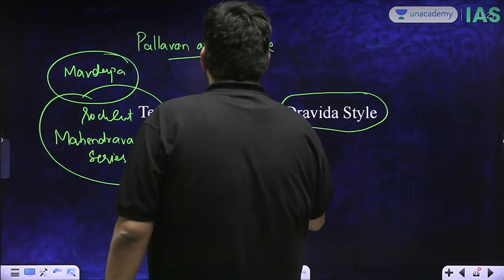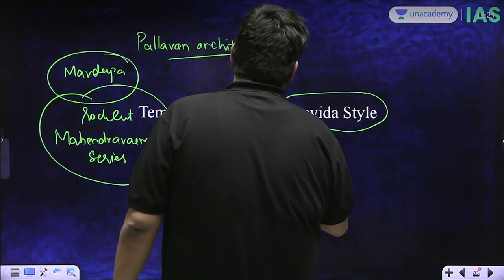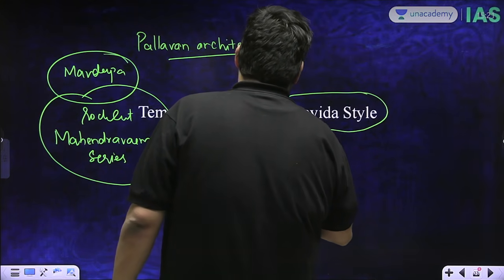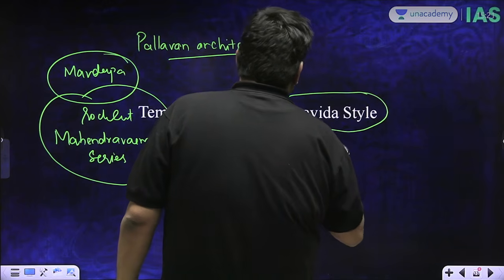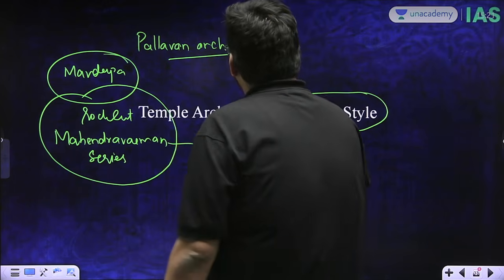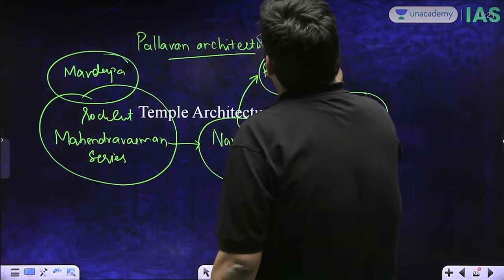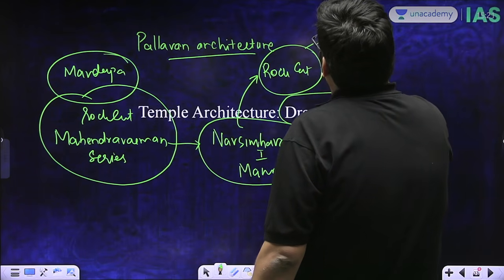Then you get Narasimhavarman 1 Mamalla, after which Mahabalipuram is named, and here you still get rock cut, but this is the highest point of rock cut in the form of Panchayatana.